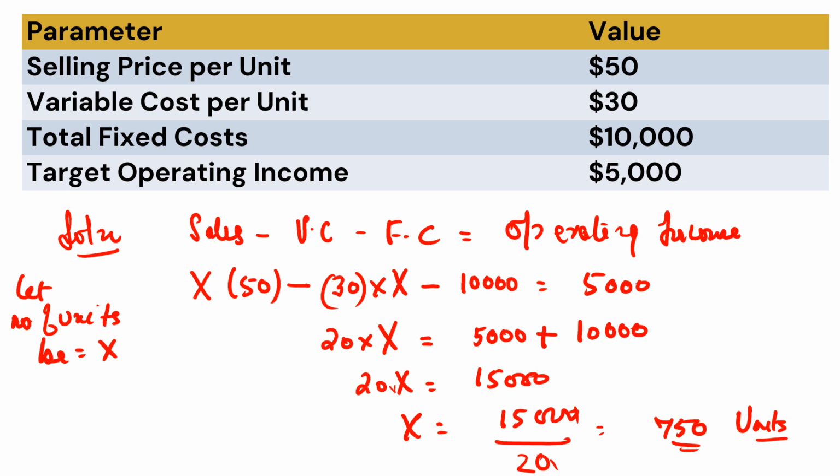That means if you sell 750 units at 50 per unit, with a variable cost per unit of 30 and a total fixed cost of 10,000, you earn an operating income of 5,000. This is very, very, very important. You'll certainly see a somewhat similar question in the exam. So please be very thorough.